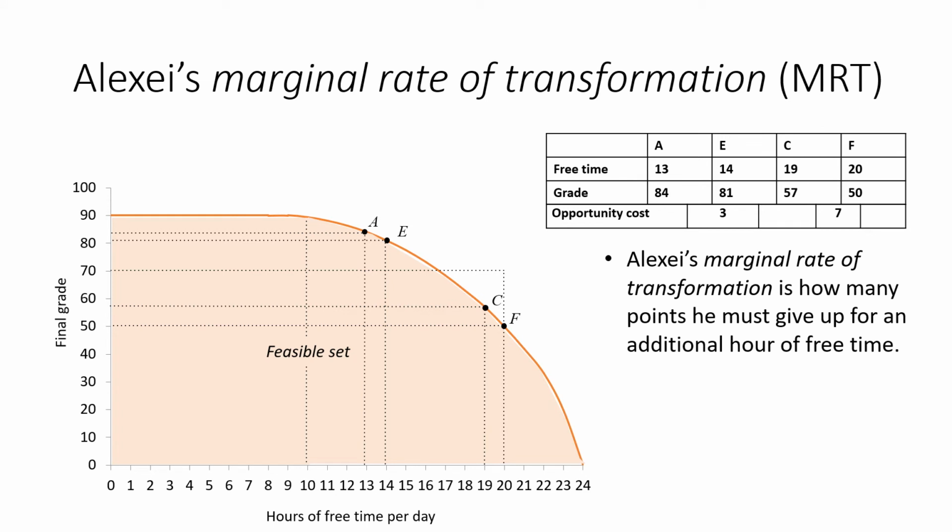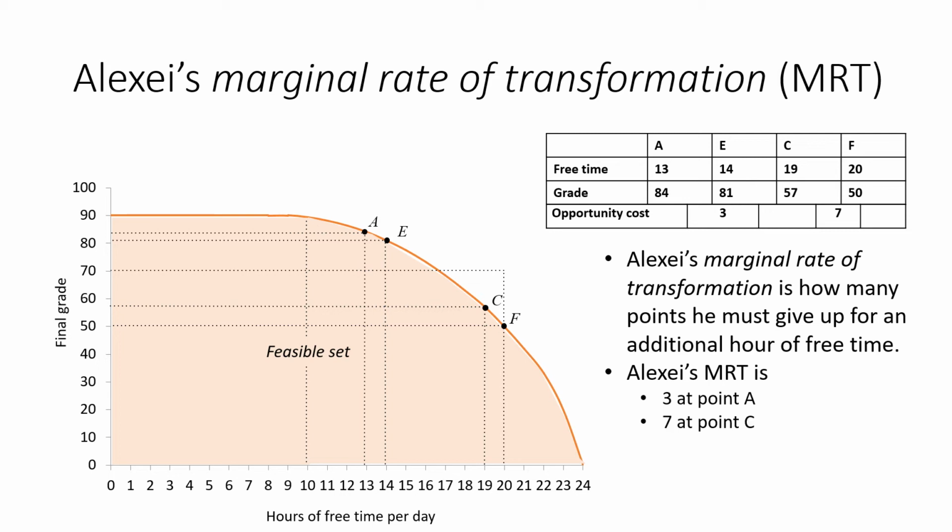Alexei's marginal rate of transformation is how many points he must give up for an additional hour of free time. Alexei's MRT is 3 at point A because if he wants an additional hour of free time, moving from 13 hours a day to 14 hours a day, he will have to give up 3 percentage points.